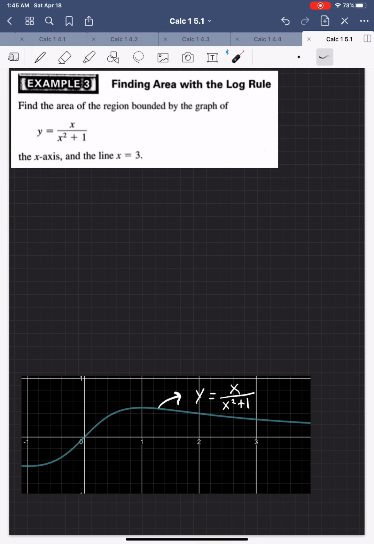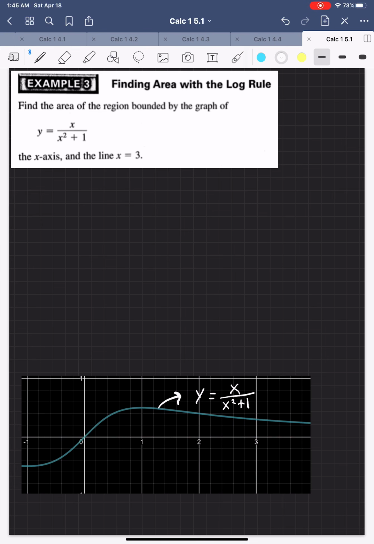So here is the line x equals 3. Here's the x-axis. And of course that green curve is your graph. So do you see how you can bound everything within that region, and then you can find the area of this?